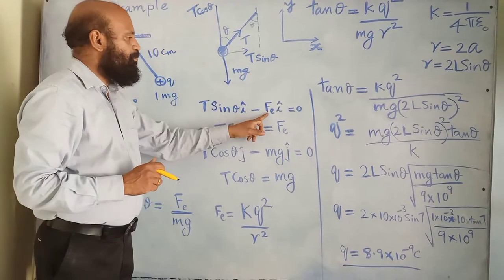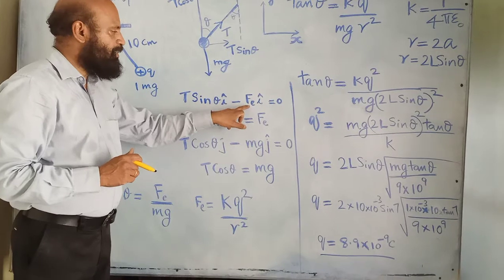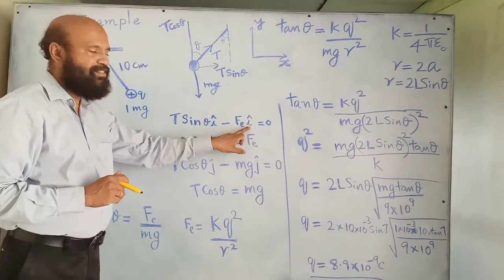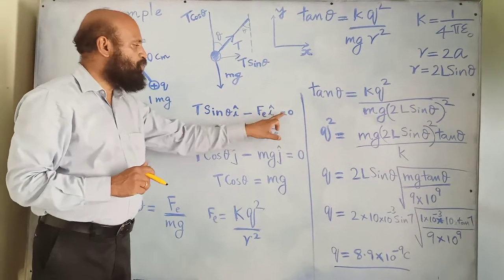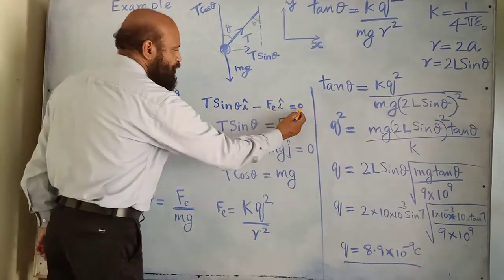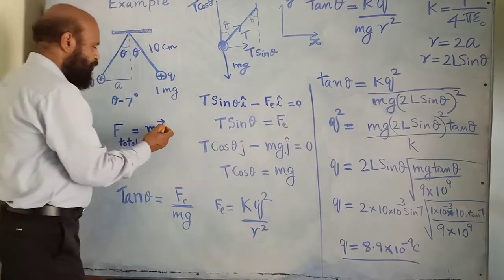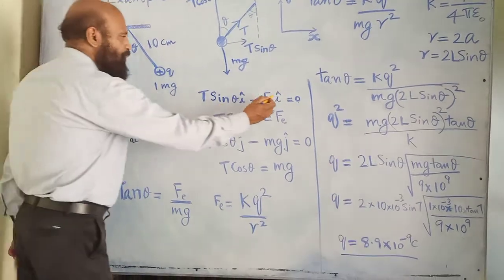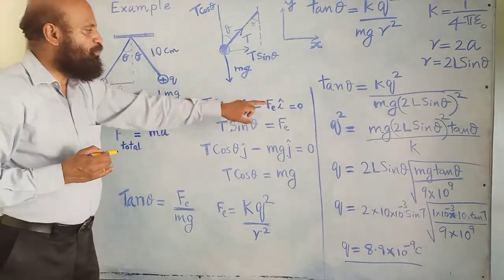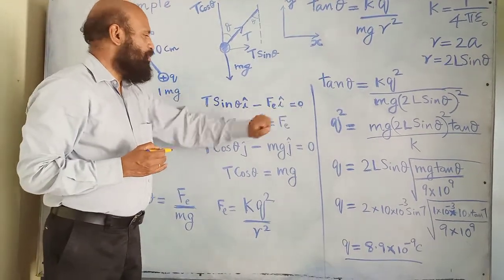So the electrostatic force is represented as Fe i cap, and since it is along the negative x-axis, minus. There is no acceleration along the horizontal direction, so acceleration is 0, so net force is 0. The body is in equilibrium, so net force is 0.